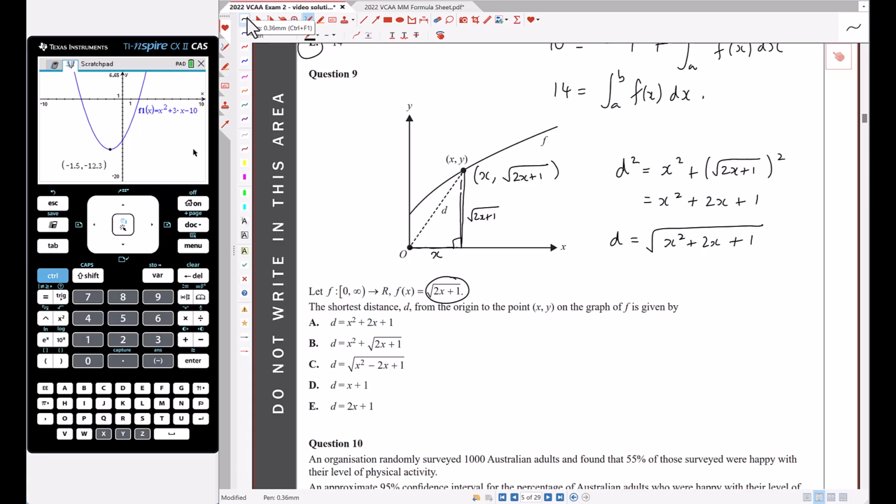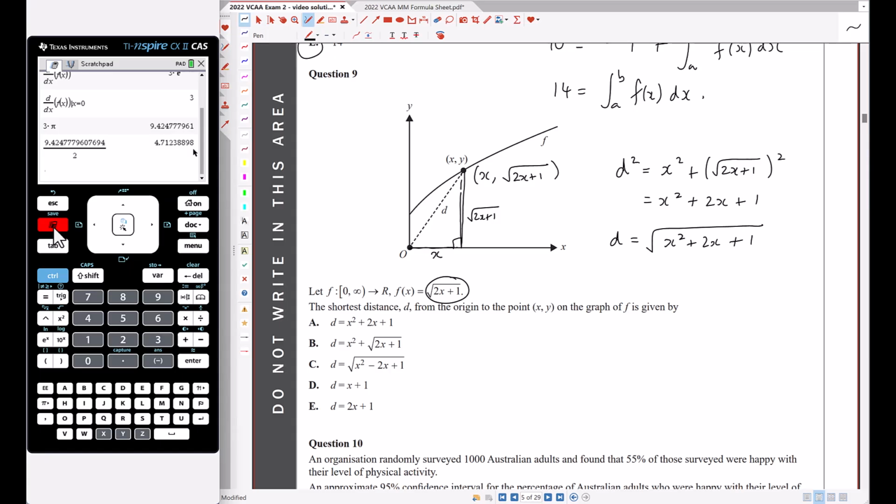And so therefore if we think about differentiating that, let me go over here to my CAS and do a derivative of the square root of x squared plus 2x plus 1. I've actually never seen my CAS give me that sine function. Alright, let's actually think about that ourselves.